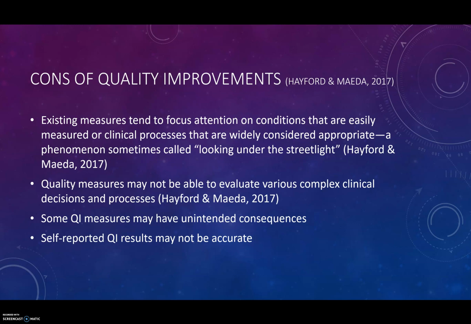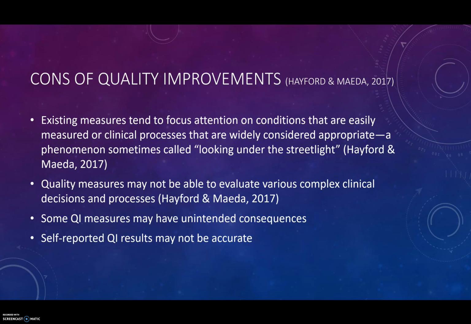The current set of quality measures cannot evaluate various complex clinical decisions and processes. For example, measures have not yet been developed to identify diagnostic errors that are common and can often harm patients.